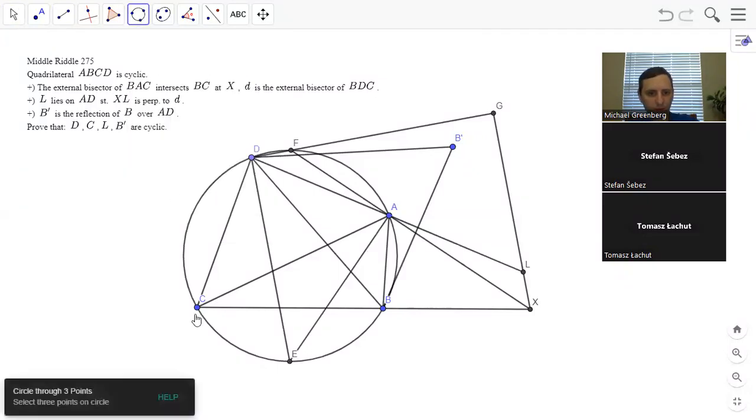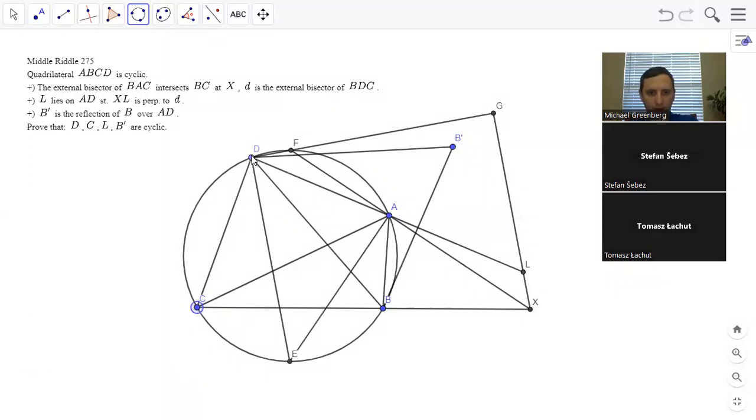All right, so let's see. If this were cyclic, how could we try to show that? So yeah, this right here is a right angle. H is the midpoint of BB prime.